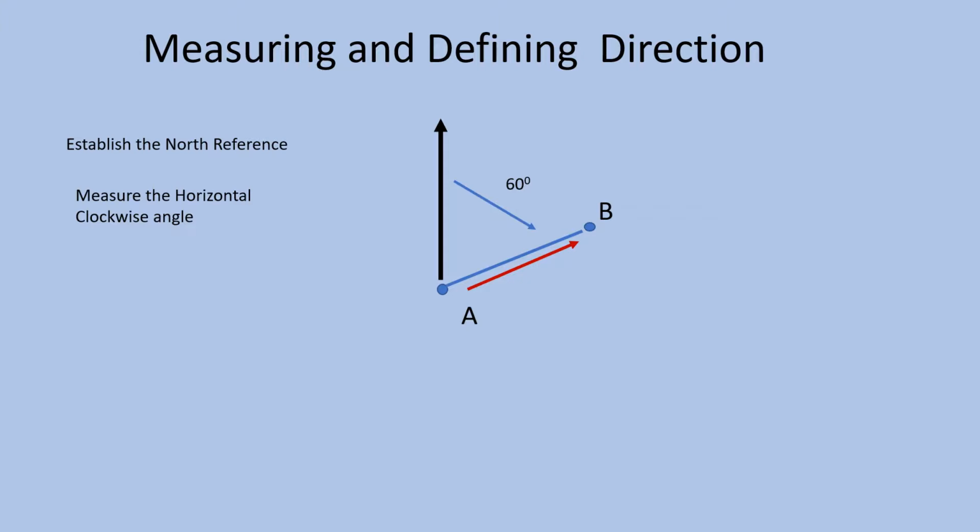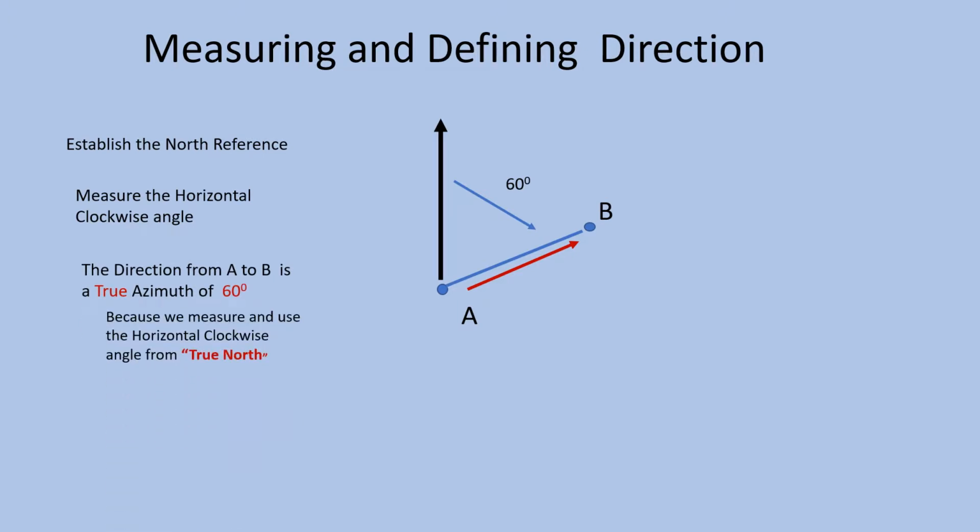The direction from A to B is a true azimuth of 60 degrees. It's a true azimuth because we measure and use the horizontal clockwise angle measured from true north.